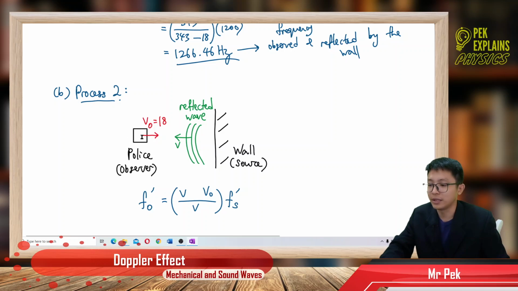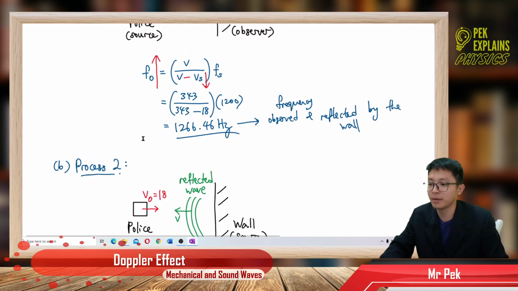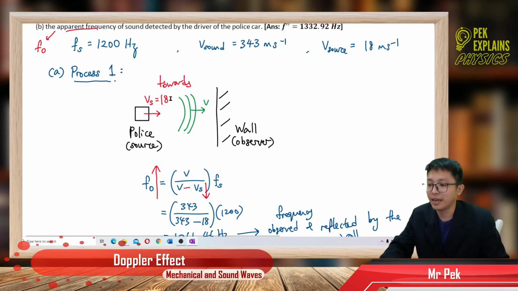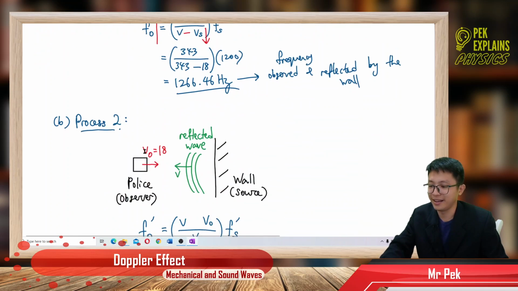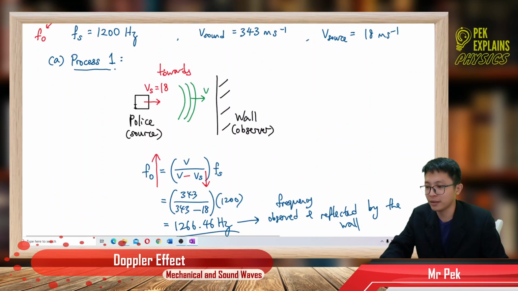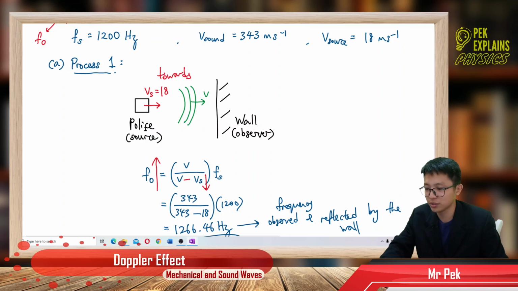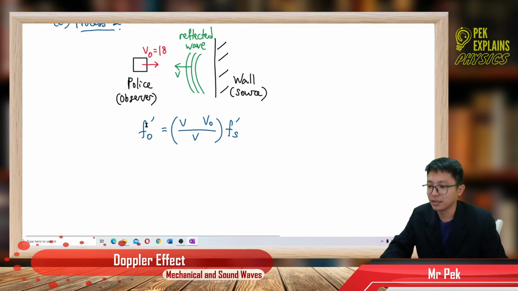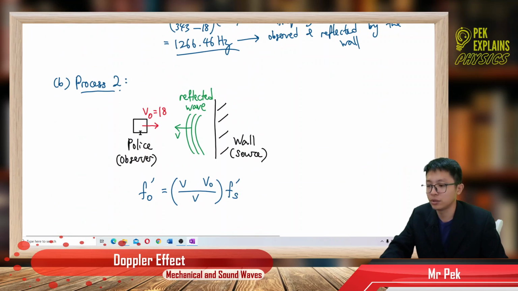So now the speed of the observer is the same as before, 18. You see, the police car has two functions. The first time it functions as a source, emitting the sound. Now the police car also functions as an observer, receiving the reflected sound. So this question has two processes.